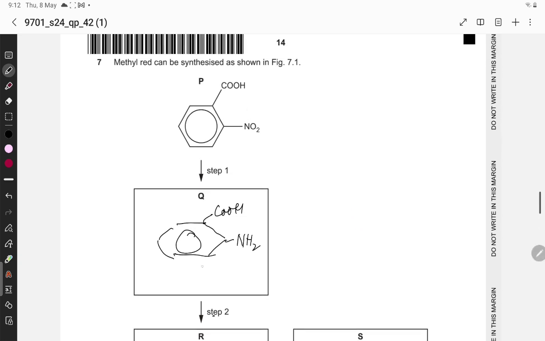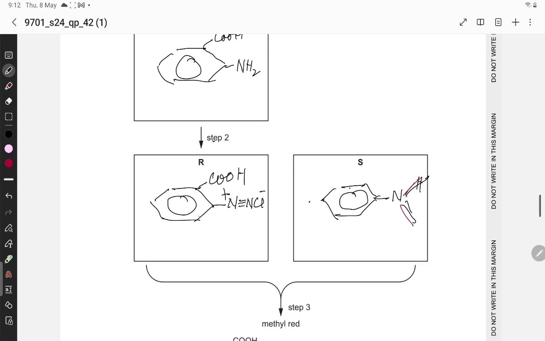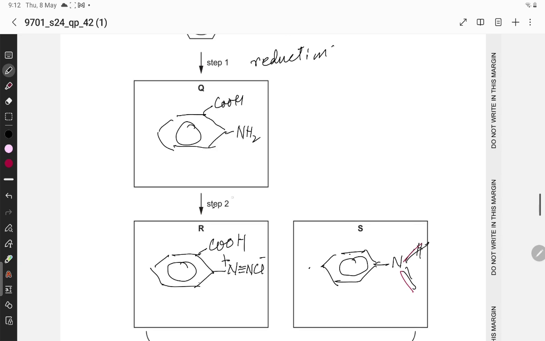The reduction takes place to form this compound, and then in step 2, NaNO2 plus HCl.